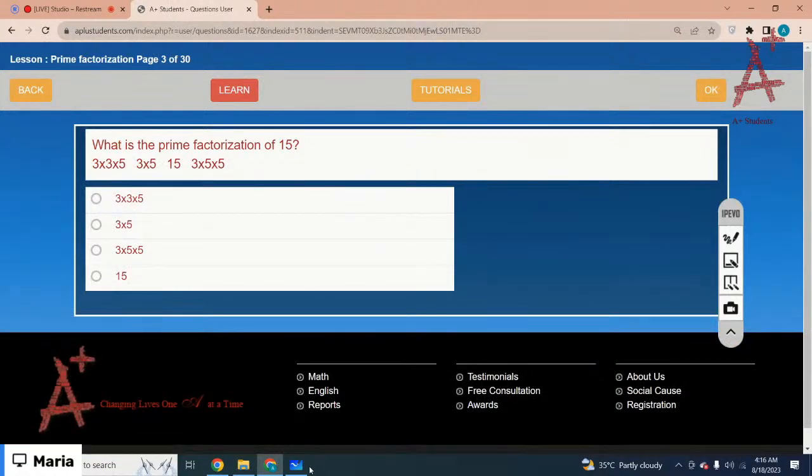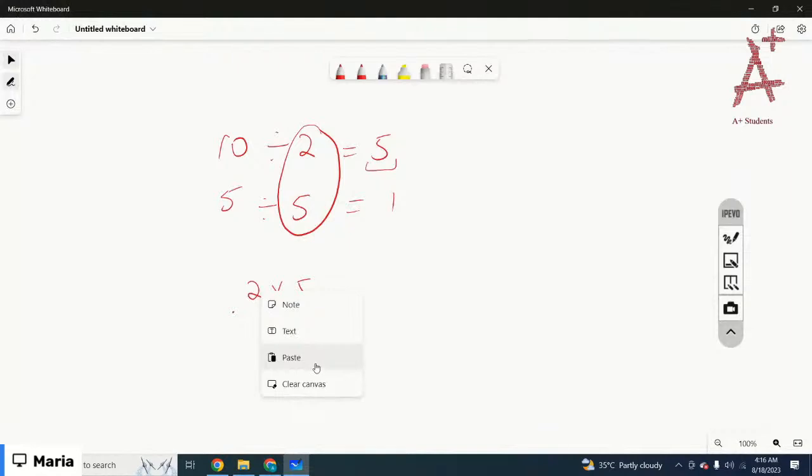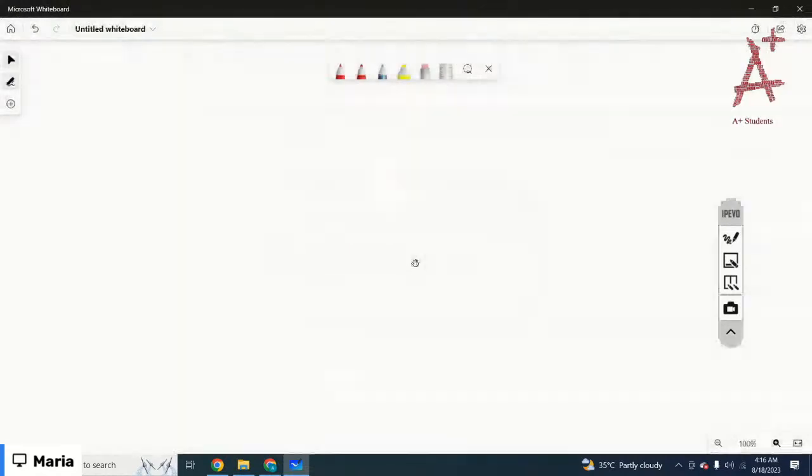What is the prime factorization of 15? You can find answers from the options also. Let's just divide 15 by the smallest prime number. So which is the smallest prime number that can divide 15? It would be 3, right? 15 divided by 3 is 5. Now you have to divide this 5 by the smallest prime number.